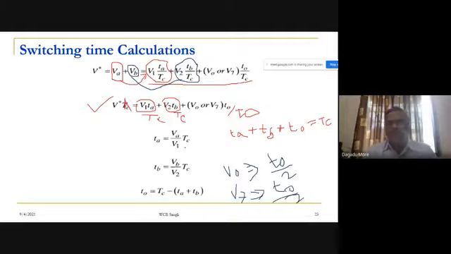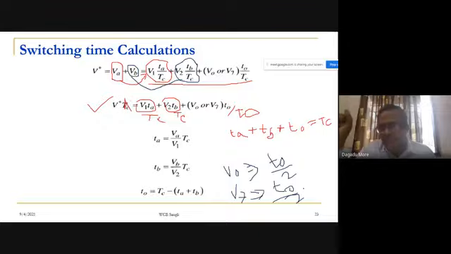Is it clear? So now V1 we apply for TA time, V2 for TB time, V0 for T0 by 2 time, and V7 for T0 by 2 time. So we apply four switching vectors or switching states.